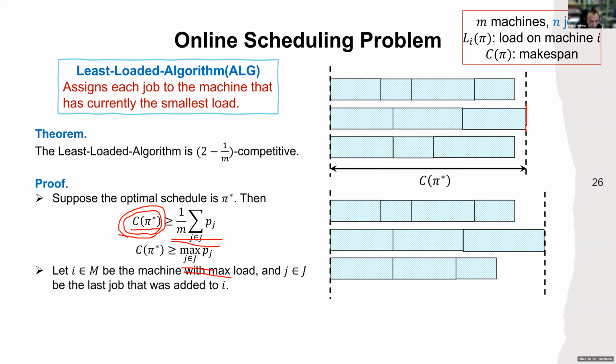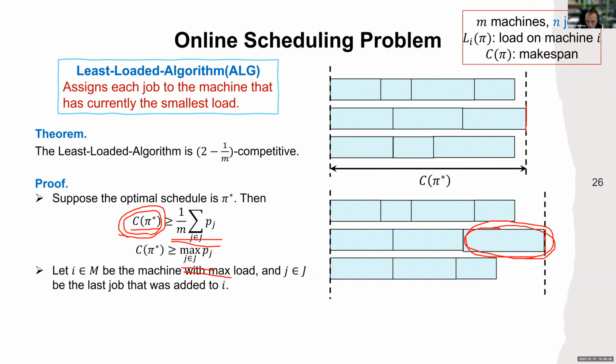For example, this one, right? So the machine with the maximum load, this job must be the last job added in. Okay. Why? Oh, sorry. Not this. Let's look at the machine with the largest load, and then we consider the last job added to this machine.